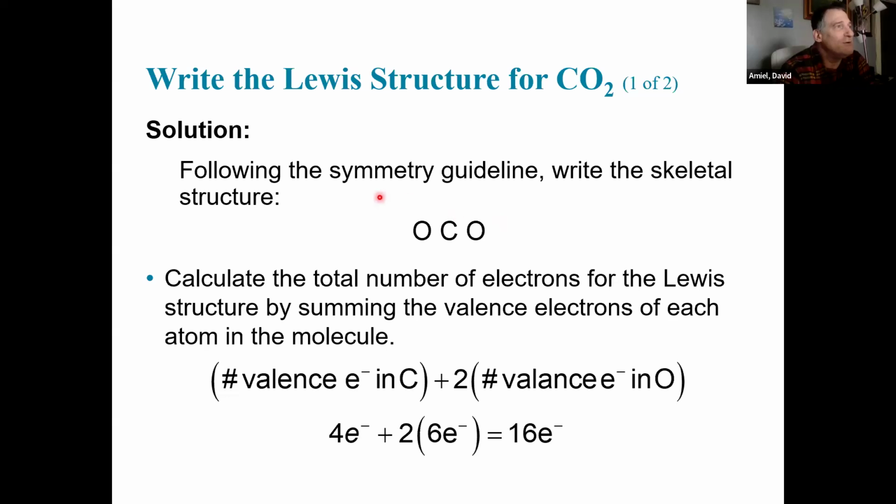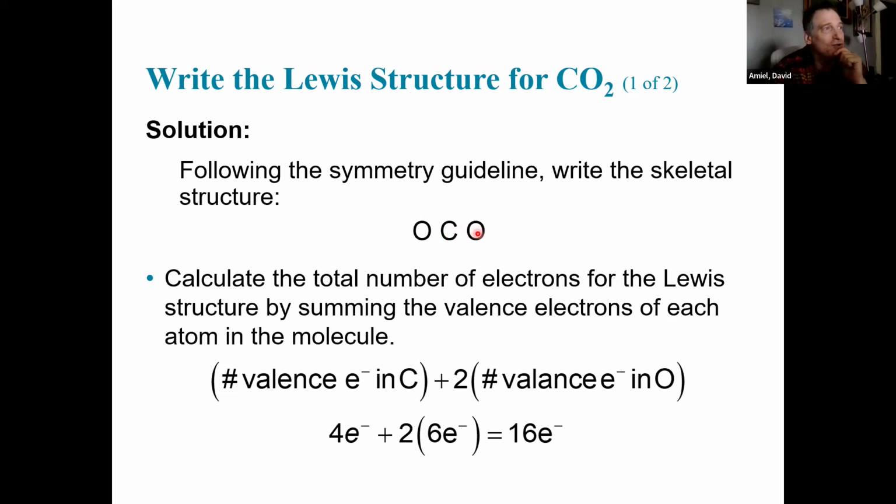So here's an example, OCO. Now, when we say the skeletal structure is given, this is given. You don't really care if oxygen could be the central atom here, right? How do you know? You know in this class because it's given that carbon is the central atom.